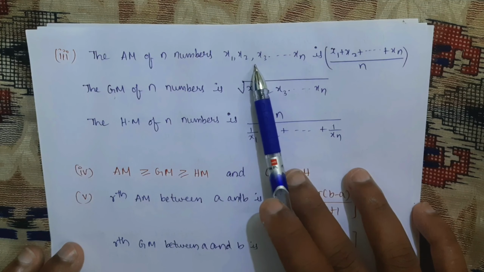The series A plus D into R, plus A plus 2D into R square, plus A plus 3D into R cube, and so on. If you observe, the first factors A plus D, A plus 2D, A plus 3D will be in arithmetic progression. R, R square, R cube will be in geometric progression. But if a combination of those two is there, we consider it as AGS. What is AGS? Arithmetico-geometric series.